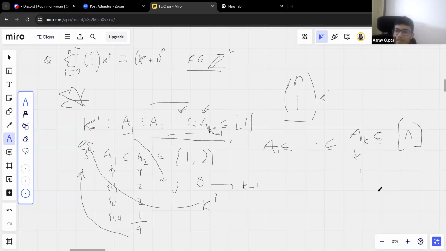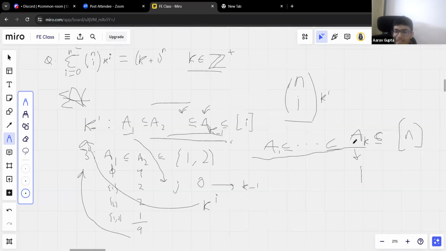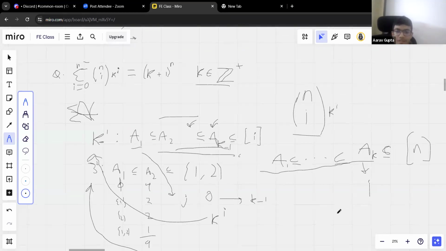But now you're summing over all i from 0 to n. This can be any subset. So you're actually finding all such chains of k consecutive subsets where each is a subset of the succeeding one. But we already proved this. This is actually just k plus 1 to the power of n. So we are done. So everyone got that?